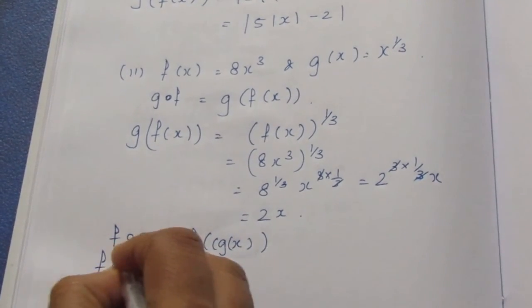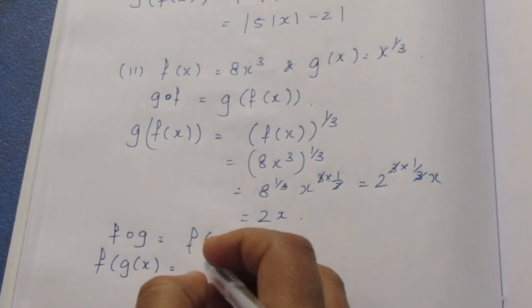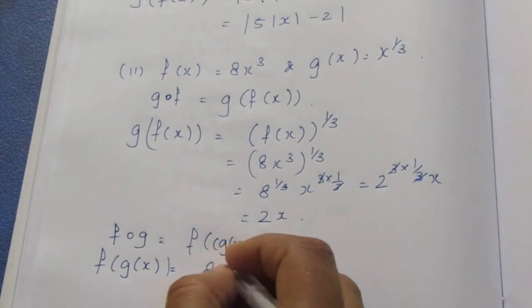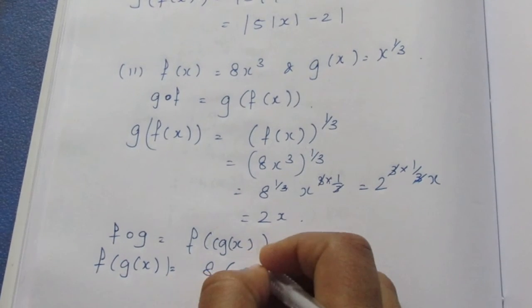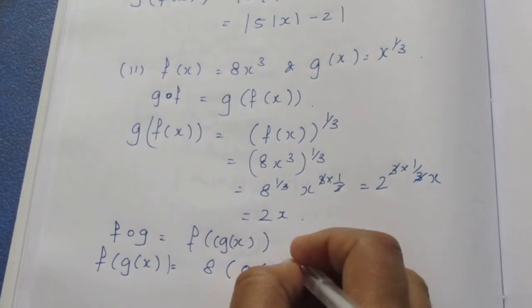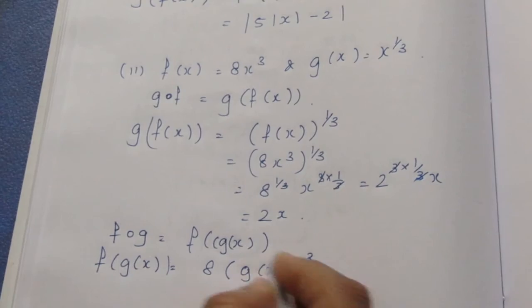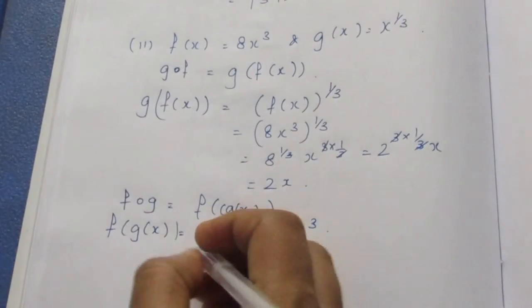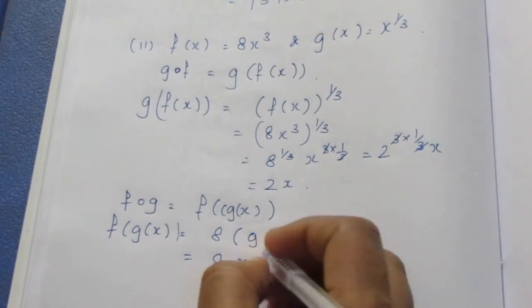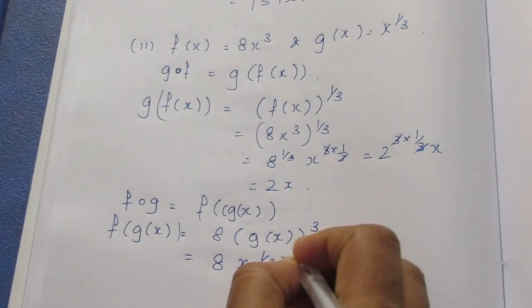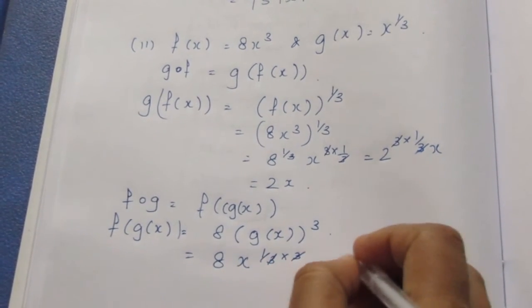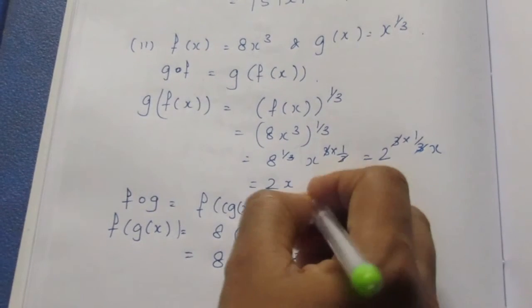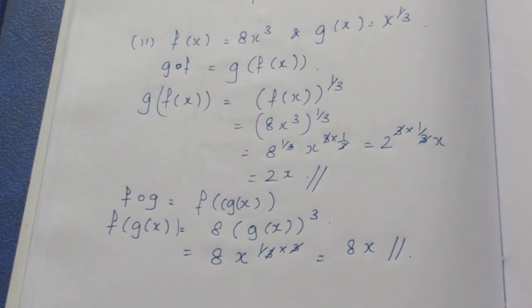So f of g of x is nothing but 8 into g of x the whole cube. We know the value of g of x here, which is nothing but 8 into x power 1 by 3 into 3. This gets cancelled and becomes 8x. So for f circle g we have the value 8x.